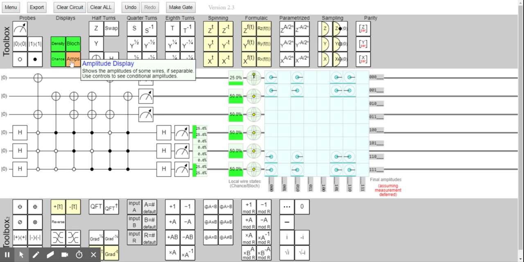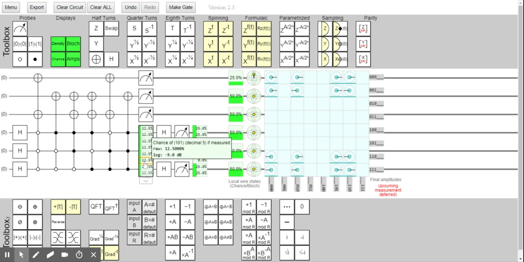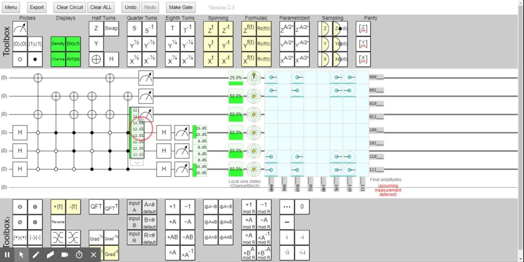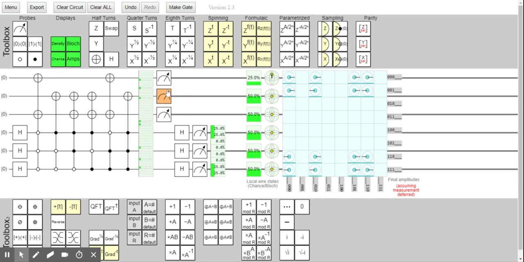So if I take a look at the amplitudes, the chances here, those are the possible things you can measure. Basically, they are all the possible results.